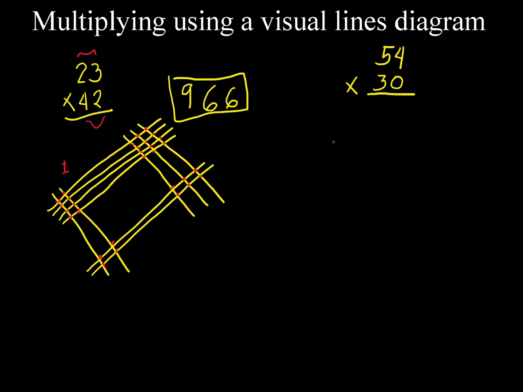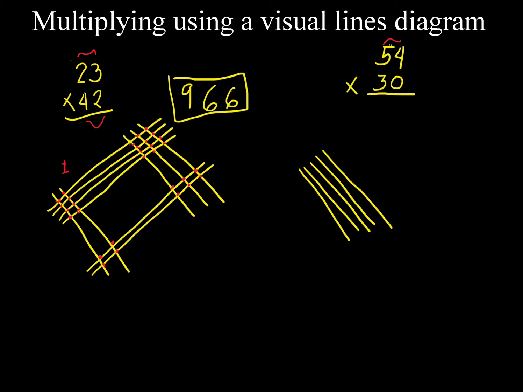So let's begin. Let's take a look at our first number, which is 54, and that will be represented as, again, our first diagonal lines. For our tens, that's going to be 1, 2, 3, 4, and 5.